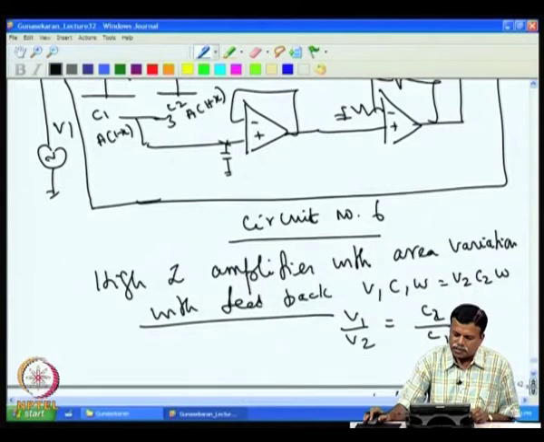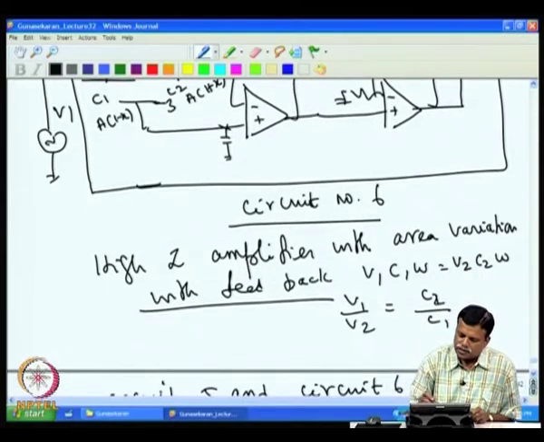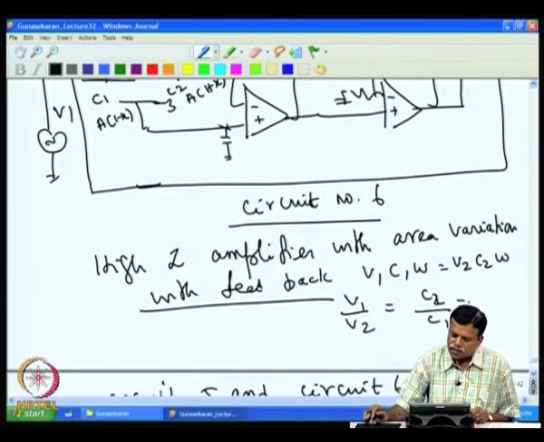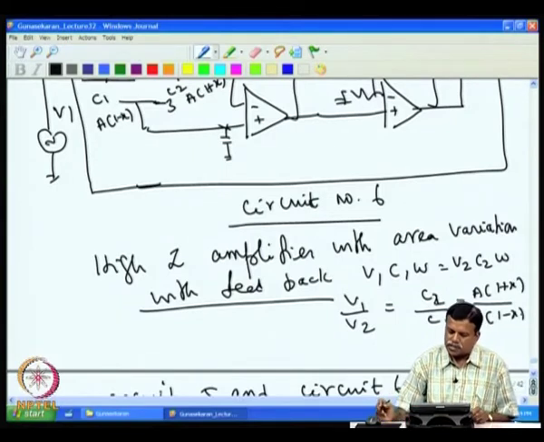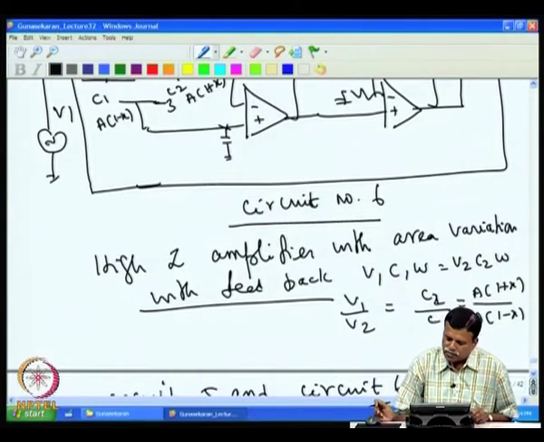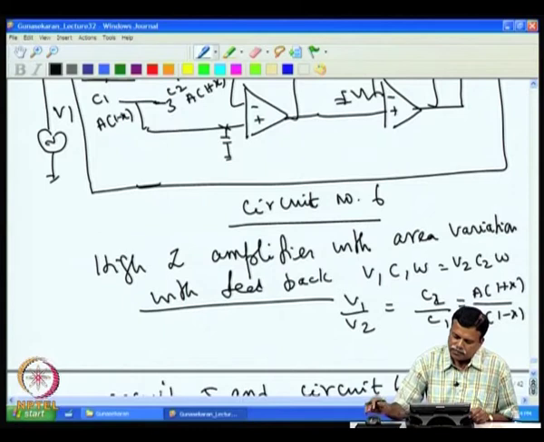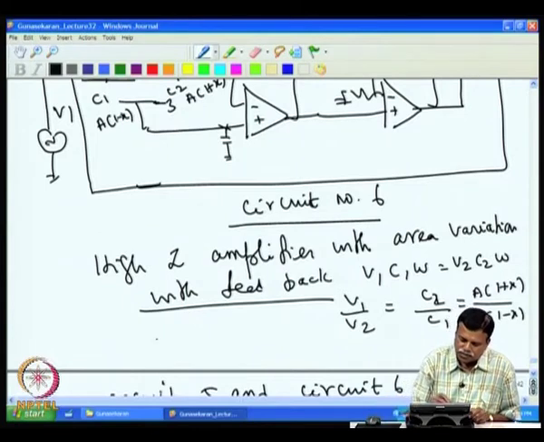Then C can be written in terms of area. So, C2 will be A into 1 plus x, here it will be A into 1 minus x, other parameters go off. But again you find that V1 by V2 is nonlinear with the displacement.